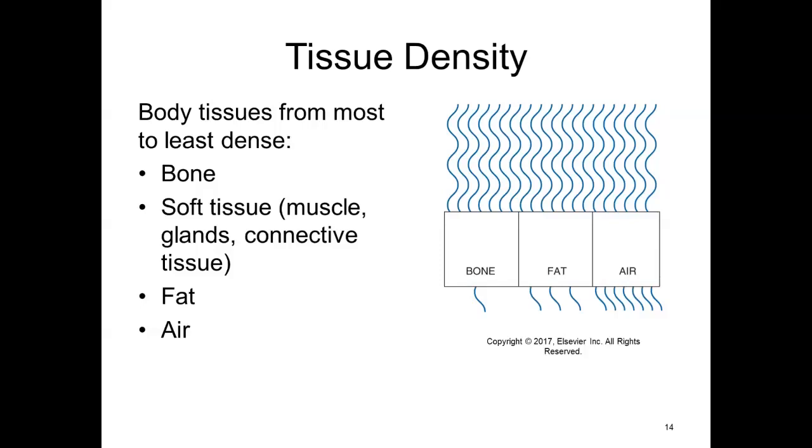Otherwise, if the kidneys did not have that fatty layer around them, you wouldn't see the kidneys on the KUB. It's just a change in the density that really matters.